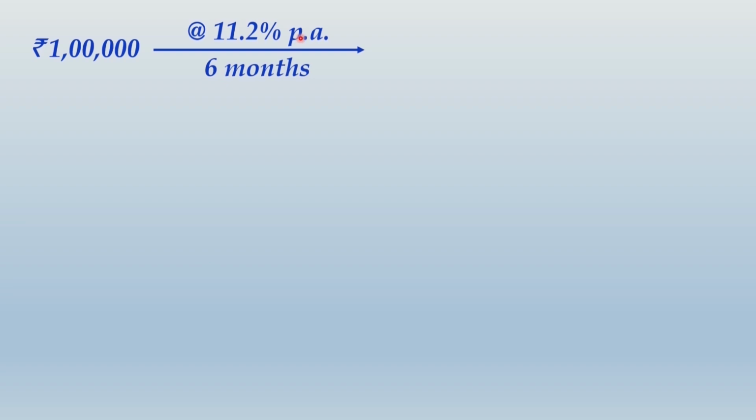So let us work out the maturity value. It will be 1 lakh into 11.2% into 6 by 12, that will be the interest amount. When added to the principal, the maturity value comes to 1,05,600. That means if you borrow 1 lakh for a period of 6 months at this rate of 11.2% per annum, it would become 1,05,600.